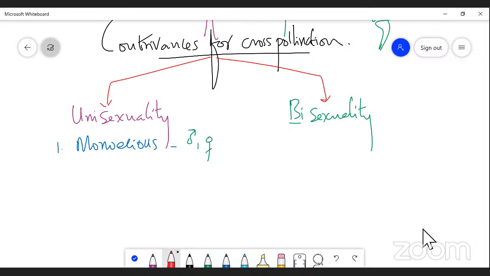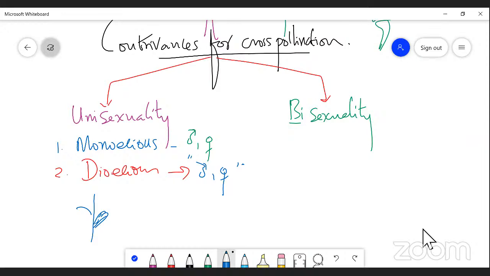What about dioecious? Dioecious is nothing but the presence of male and female flowers in different plants. I repeat once again. Now this is a plant in which you can see the androecium, and in another plant you can see the gynoecium, right?